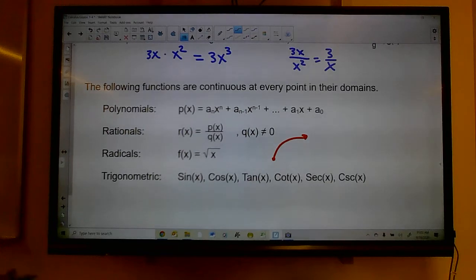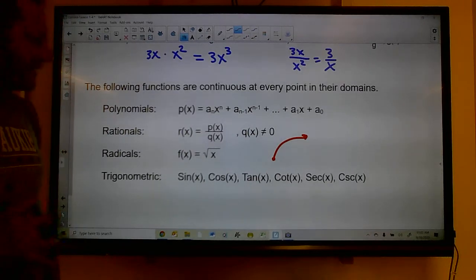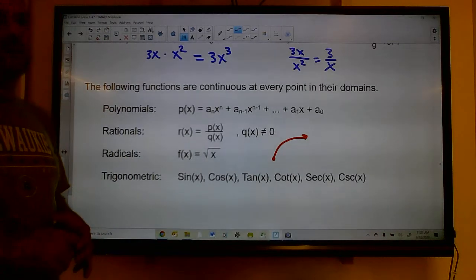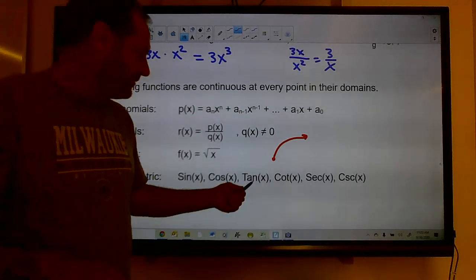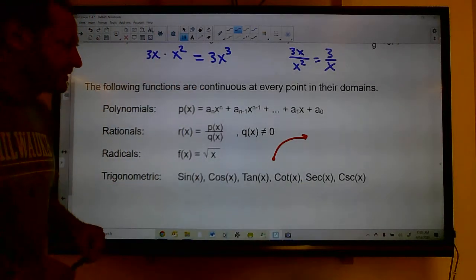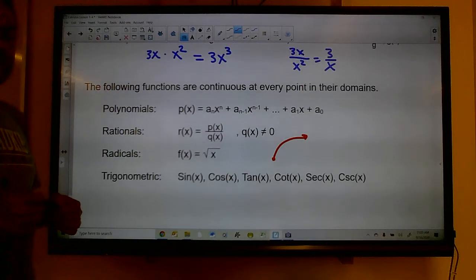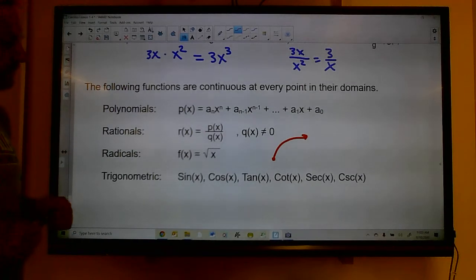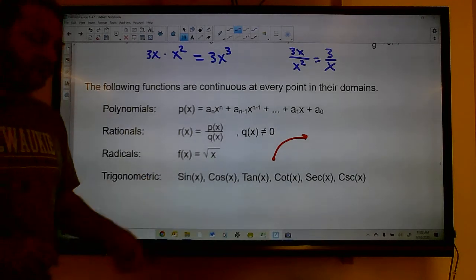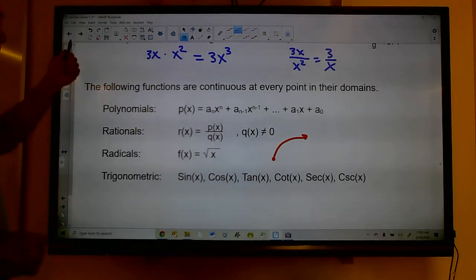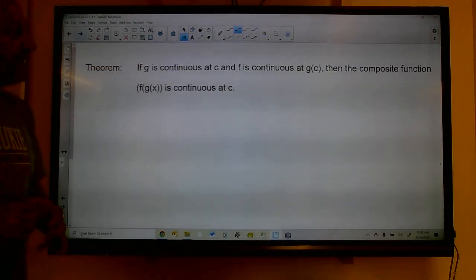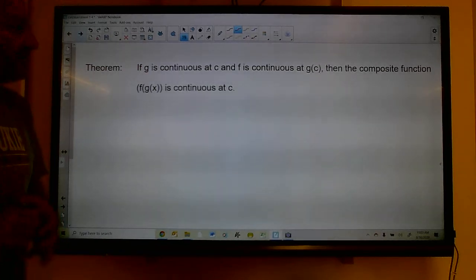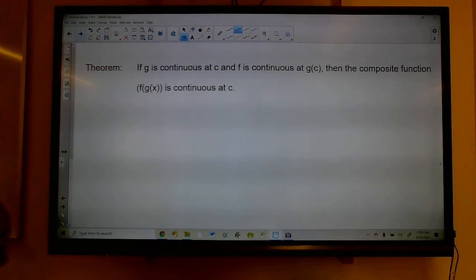And trig functions are continuous, except where, like, tangent would not be continuous at pi over 2 because it has an asymptote there. These four functions, tangent, cotangent, secant, and cosecant, are continuous everywhere except where they are undefined. Sine and cosine are always continuous. If g is continuous at c and f is continuous at g of c, then the composite function f of g of x is continuous at c. So that's pretty simple.